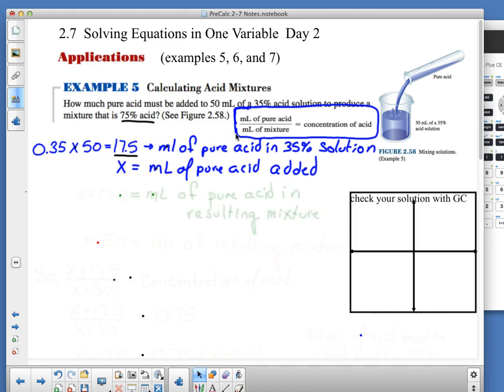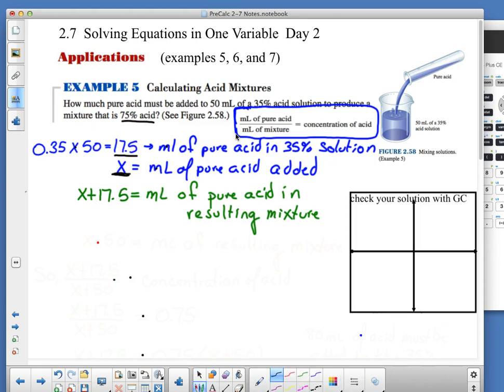Now, when I think about this, I want to keep in mind that X is pure acid. Whatever X I add will add to the 17.5 milliliters of pure acid, so X plus 17.5 is the pure acid in whatever mixture I have.